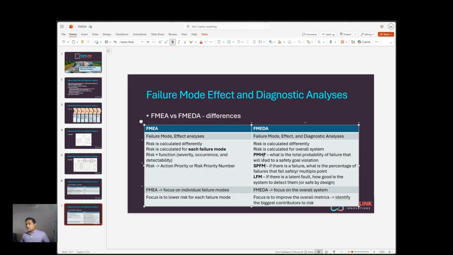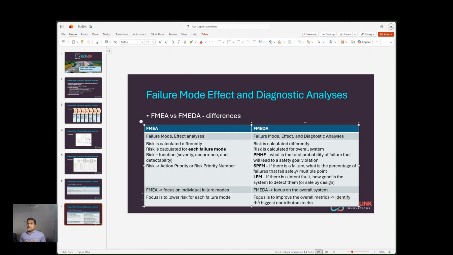That is the fundamental difference between the FMEA and FMEDA. FMEA focuses on individual failure modes. FMEDA focuses on the overall system. FMEA finds out ways to lower the risk of each failure mode, and FMEDA focuses on improving the overall metrics for the entire system.